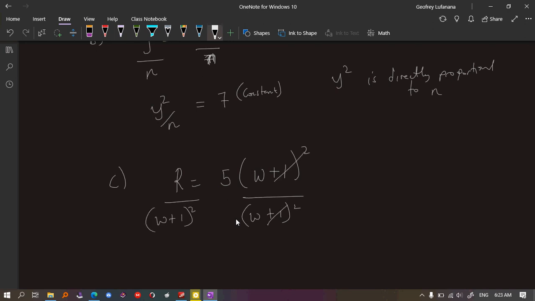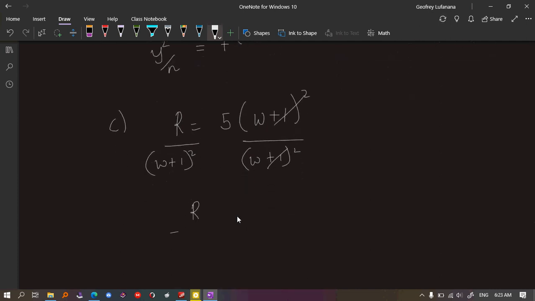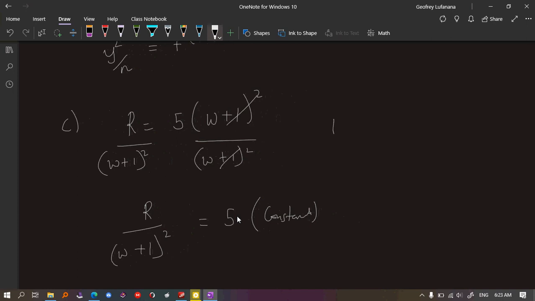So those cancel out, and I have r divided by w plus 1 squared equals 5. Now 5 is a constant because it's a number, meaning that r is directly proportional to w plus 1 squared. Whatever is on this side, whatever you've divided by, they are in direct proportionality.